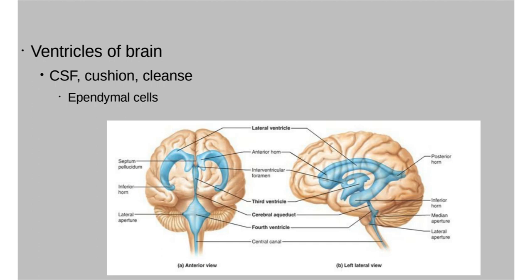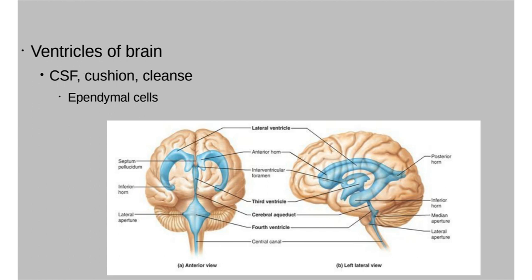Looking inside, the brain is not completely solid. There are actually some hollow portions inside the brain called the ventricles. Well, the ventricles of the brain, which is what we see here as this light blue color, are filled with a liquid called cerebrospinal fluid, or CSF.